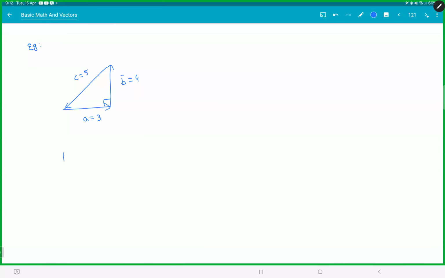Get this? So we have a 3, 4, 5 triangle. This is how they're given.